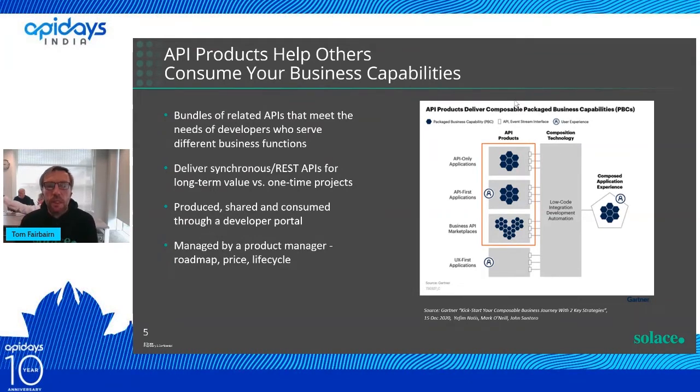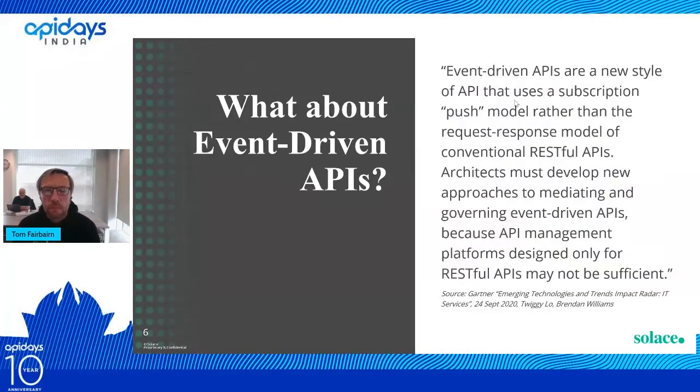So we're talking about something that is going to be delivered and probably managed as a product, right? So this is all about products. This is not a short-term business, a short-term technical need. This is a long-term product that we may even monetize. So we need a product manager who's going to deliver a roadmap, price it, and manage the lifecycle.